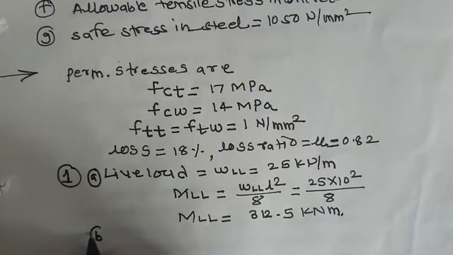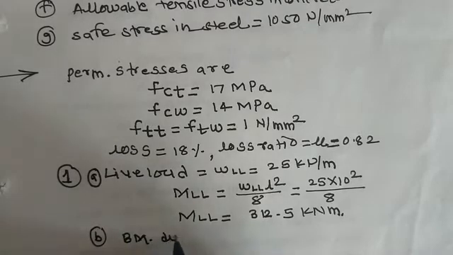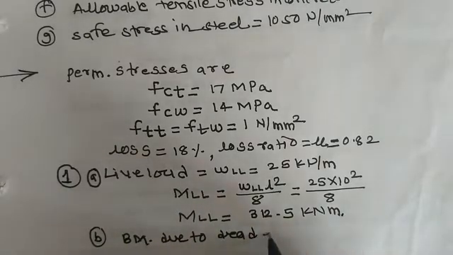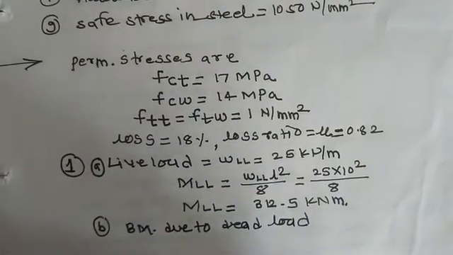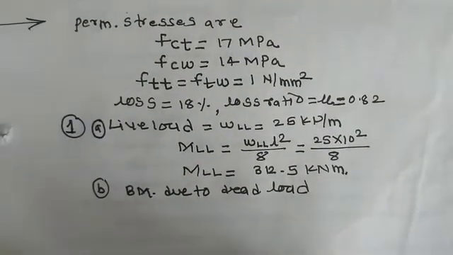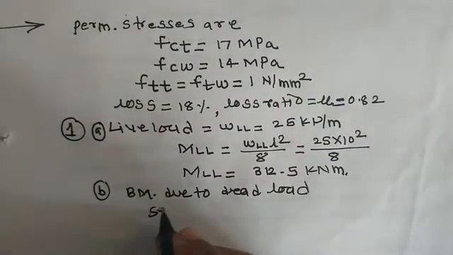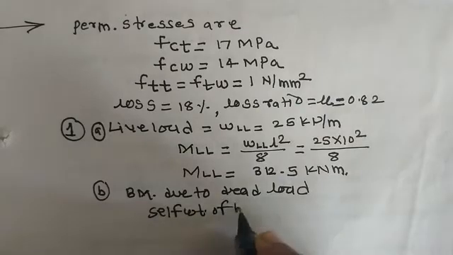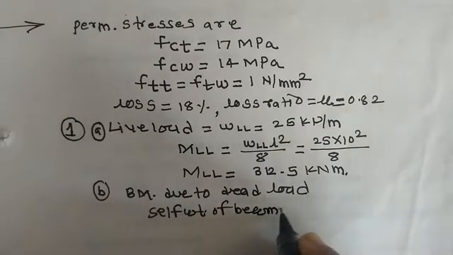Then you have to find out the bending moment due to dead load. So B and D is totally absent, so B and D are required to find out in this question. So first you have to put the self weight of beam, which is the dead load.